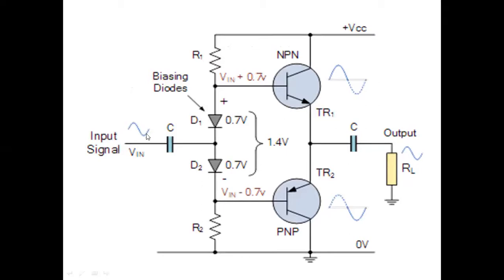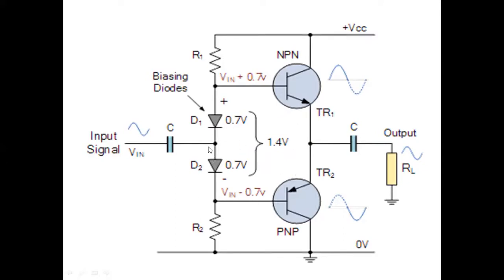If you apply an input signal, we have a voltage drop of 0.7 volts across these two diodes. Because of this drop, we have 0.7 volts at the base-emitter junctions of both transistors: this is one base-emitter junction and this is the other.